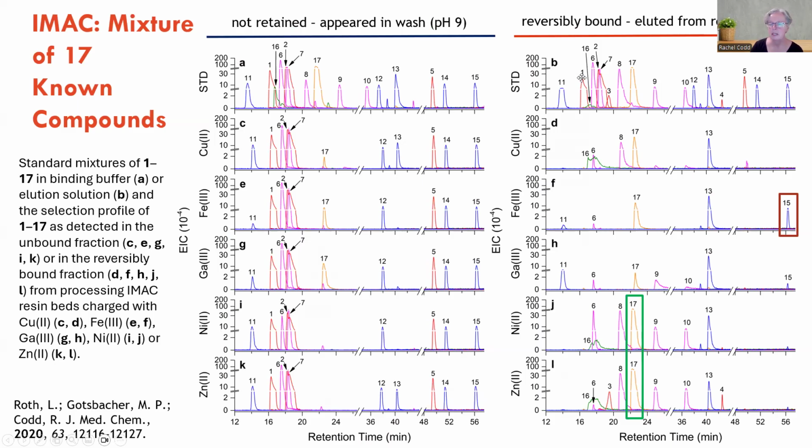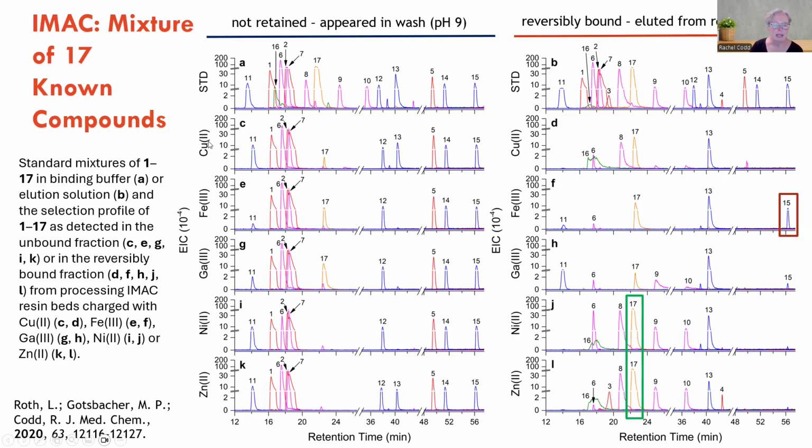And this particular system in panel B also hasn't been processed by resin. But the difference is that in panel A, we've mixed the compounds in the buffer system used for adsorption. And in panel B, we've mixed the compounds in the buffer system used for elution. So this gives us a good measure of how the compounds themselves are going to perform.